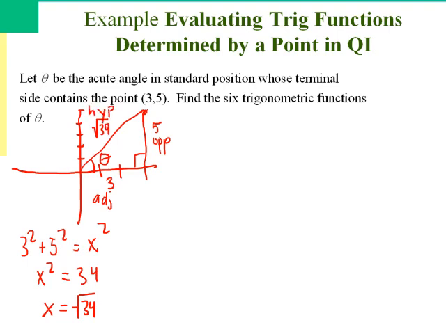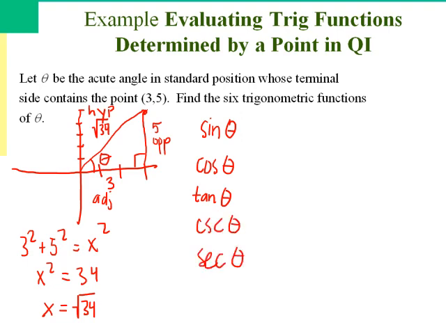I'm going to use those 3 sides from my reference angle to write down my 6 trig functions: sine, cosine, tangent, and the reciprocal functions: cosecant, secant, and cotangent of theta.